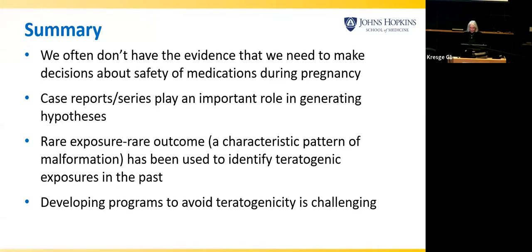We need to stop people from taking it if it's something that could be causing babies to have serious adverse outcomes. So rare exposure, rare outcomes, and a characteristic pattern of malformation have been used to identify teratogenic exposures in the past. And just ending by saying, developing these REMS programs to avoid teratogenicity is very challenging.